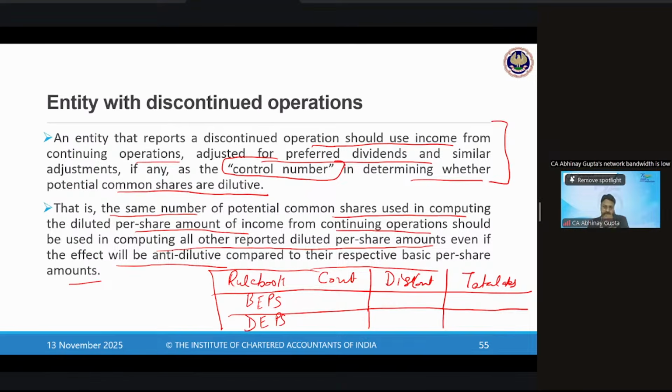Now, in this case, if from my continuing operations the basic earning per share is say rupees 3 and diluted earning per share comes to say rupees 2.5, then is it dilutive or anti-dilutive?